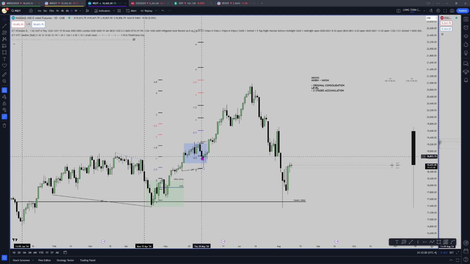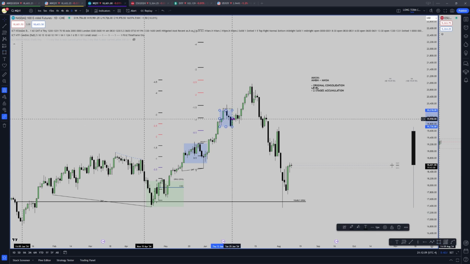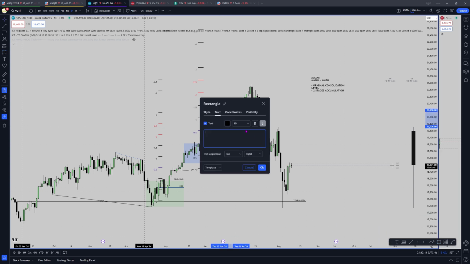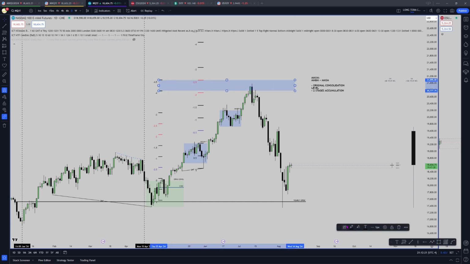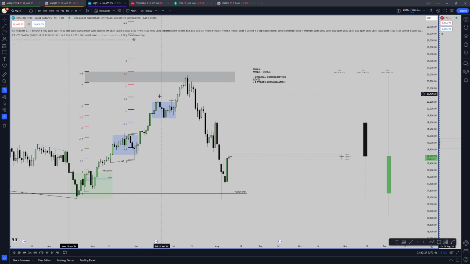So we get our first stage of accumulation, we manipulate lower, and then we expand, and then we get our final stage of accumulation right here, until we finally reach terminus, which is our -4 to -4.5. So this is our buy side of the curve.